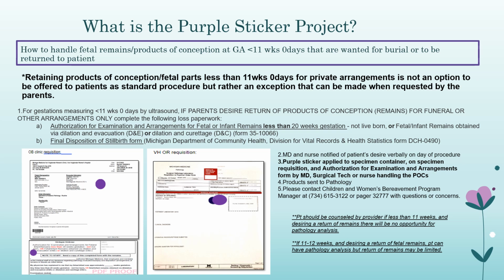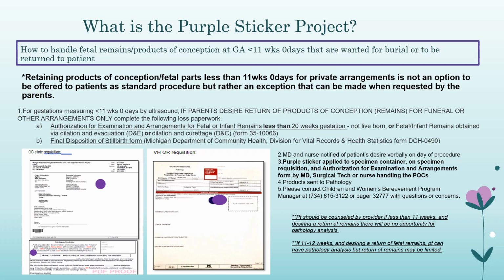Our products of conception need to be easily identifiable as being different, and so we identify them with this purple sticker. We apply the purple sticker to the specimen container, to the specimen requisition, and to the 2 additional pieces of paperwork that are required for this special exception: the authorization of examination and arrangement of fetal or infant remains less than 20 weeks gestation, and the final disposition of stillbirth form.